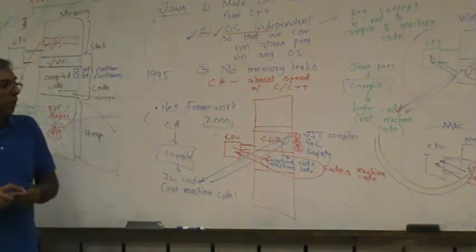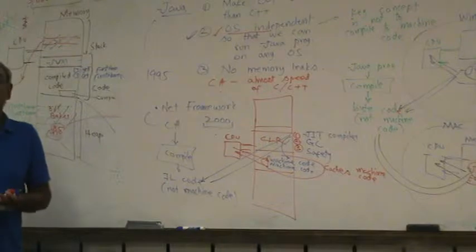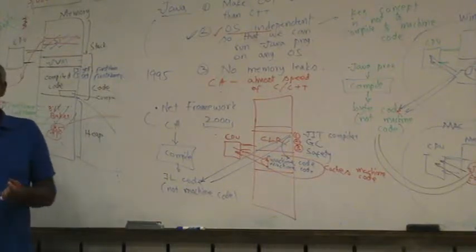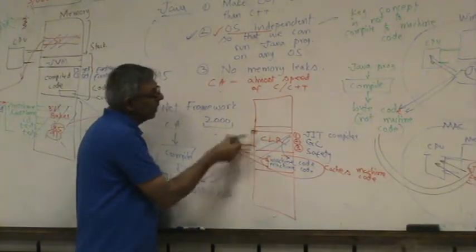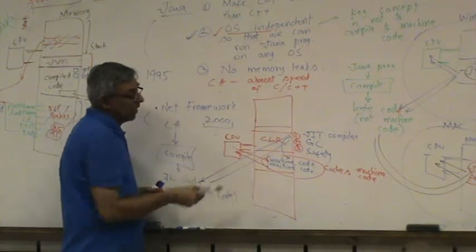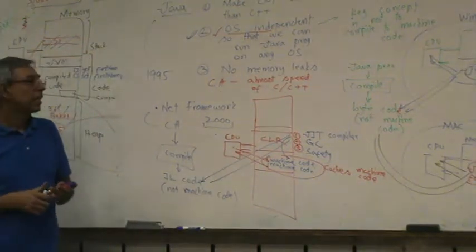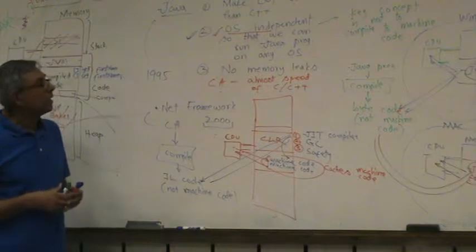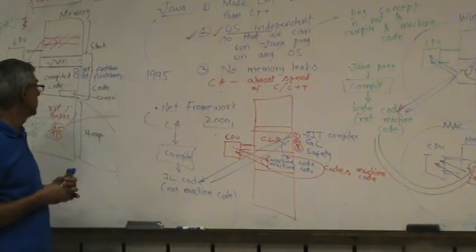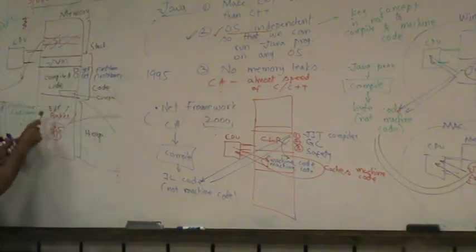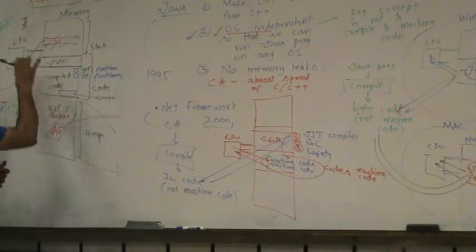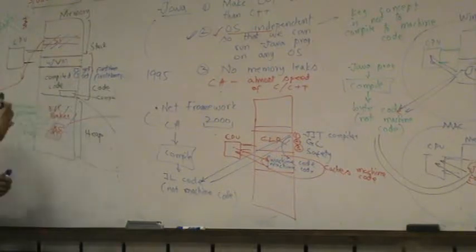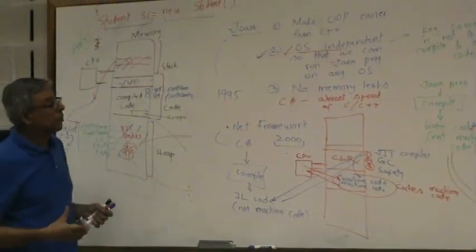Why do I say almost? How come it's not 100% the same speed as C, C++? I'm comparing the speed the second time, not the first time. In C and C++, is there a garbage collector kicking in, checking the heap? No. Remember, anytime the garbage collector kicks in, the CPU has to devote time to it.